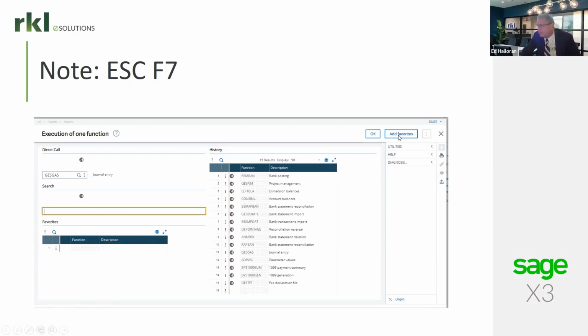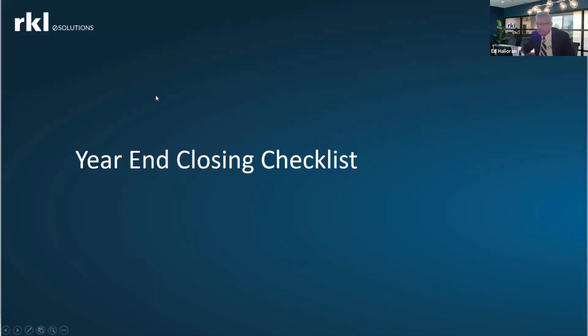And then if you're on a function, you can say add to favorites here and create a favorites list in here. You can also do that outside of this function. So that's just so that you can access the functions that we're going to use today.